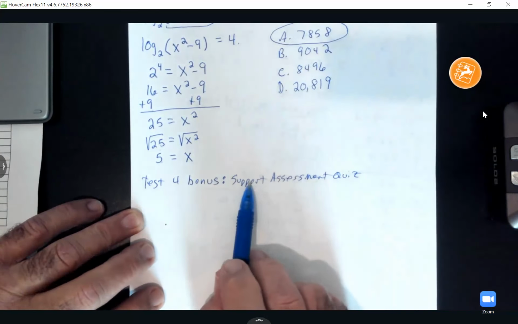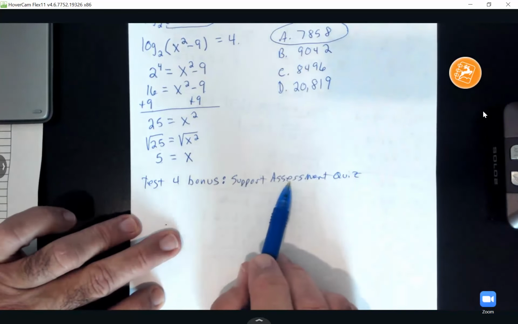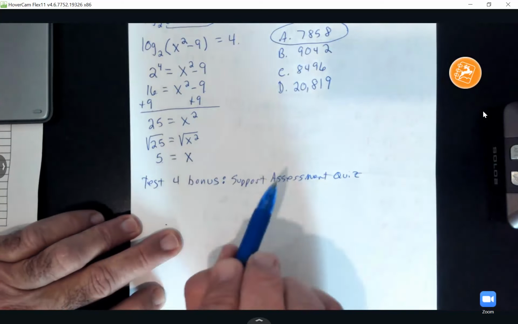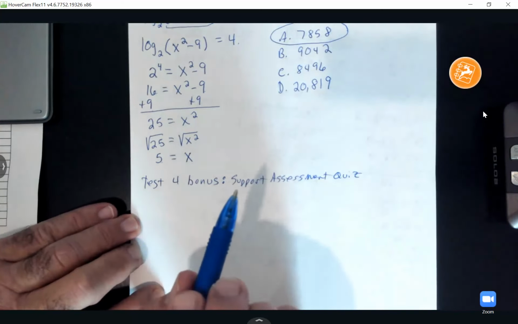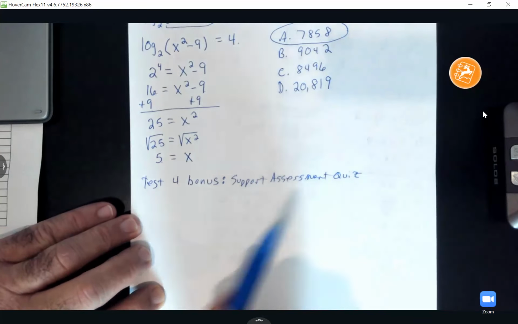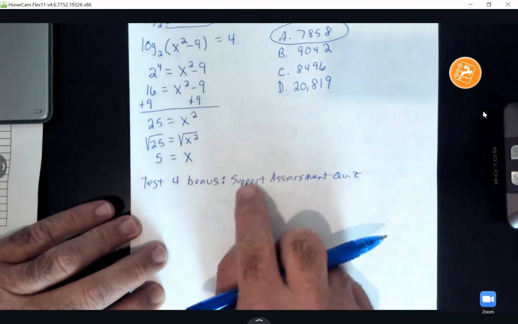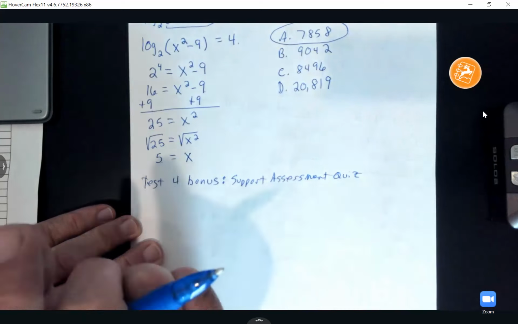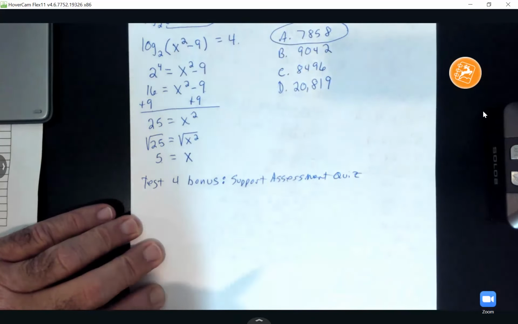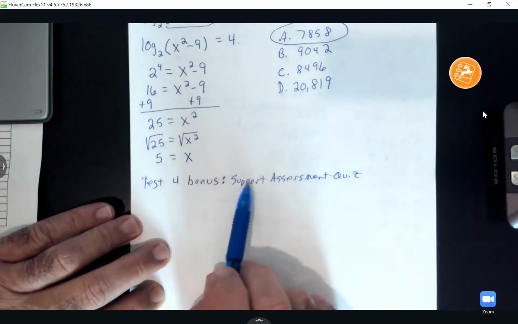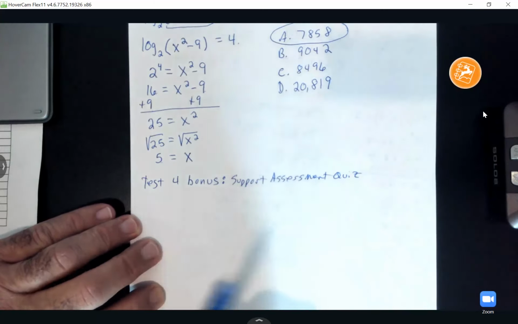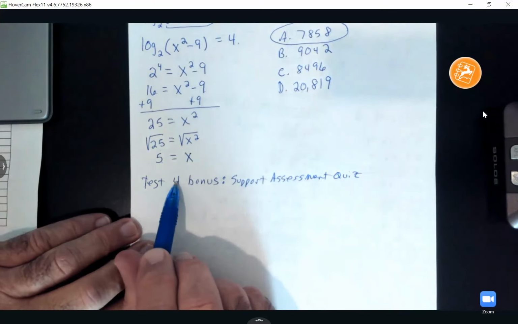So we got to do it anyway because it's for the support class, but it does not count toward the grade at all. Okay, you got to do it, but it don't count toward the grade. So since it don't count toward the grade, what I'm doing to inspire y'all to maybe do better on it, I'm going to use this support assessment quiz as your bonus for test 4.